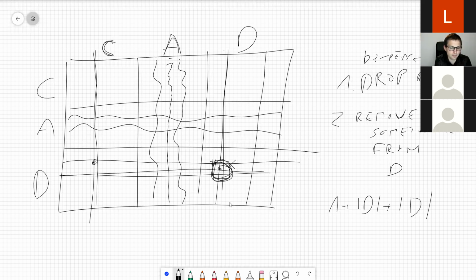Because it was not in A. And basically this change can be used to show that changing the value at this point can bring that line to D just by changing this value. But it is again a simple argument of the same kind. You simply fix some submatrix and you have a choice at this point, and this choice increases some rank, and basically it's again the same idea.